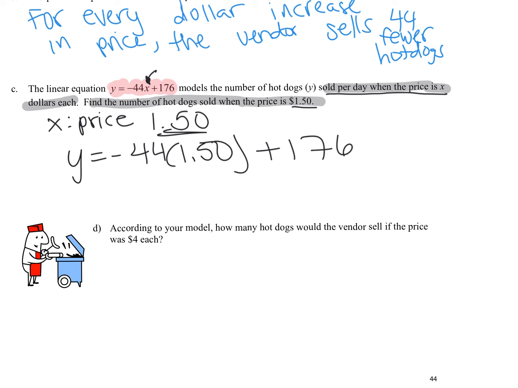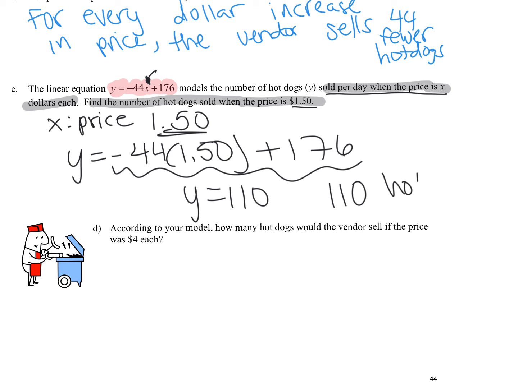When I type this into my calculator, I end up with 110. So y equals 110, that would be 110 hot dogs.